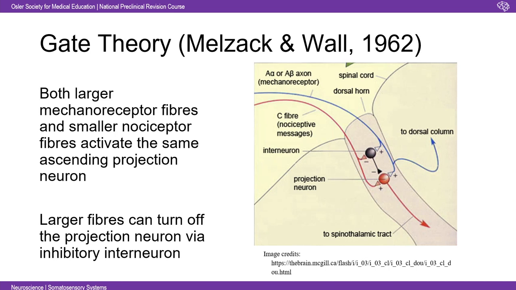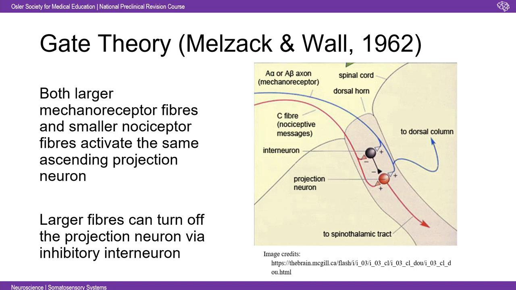Essentially in the substantia gelatinosa, there are projection neurons which ascend up in the spinothalamic tract, and they might be targeted by both the nociceptive fibers shown here in red, but also by larger fibers, for example, an A alpha or an A beta axon, which might be from a mechanoreceptor, so something that would be triggered just by rubbing your arm. And between them is an inhibitory interneuron.